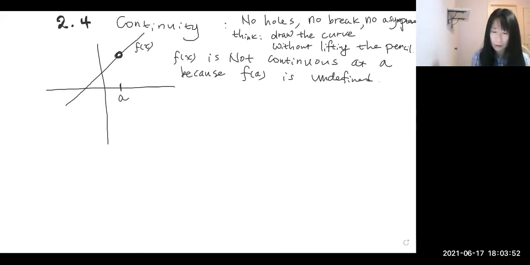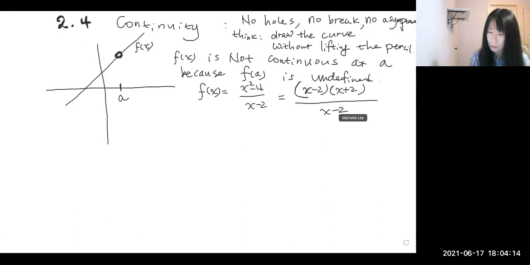So this kind of form, which is like what we did the last time, if we have the function x squared minus 4 over x minus 2, then this will be x minus 2, x plus 2 over x minus 2. Then we simplify.